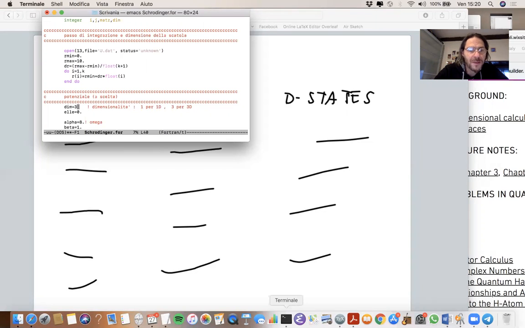Now we put dimension 3 because we're interested in the 3-dimensional problem for the hydrogen atom, and we choose the angular momentum state. For instance, this is for S states, or I comment this out. This would be for P states.